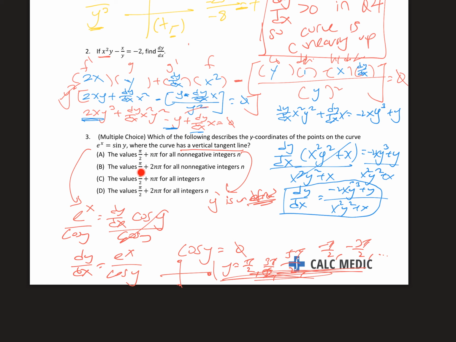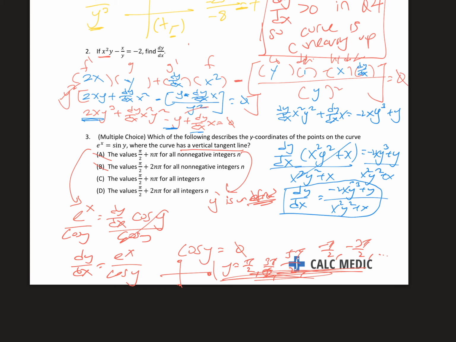Number 2, 2n pi. If we plug in 1, it becomes 2 pi, so it's saying we have to go a full circle of 2 pi every time. But answer choice B is neglecting the 3 pi over 2 portion, so B is not the correct choice.